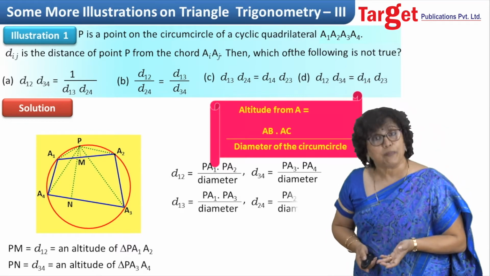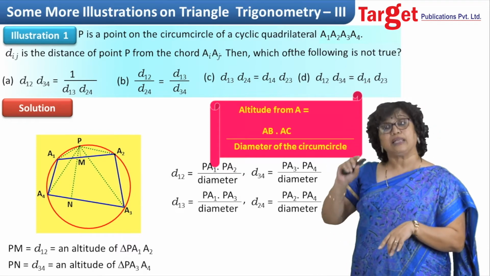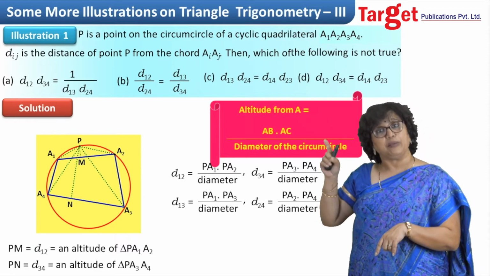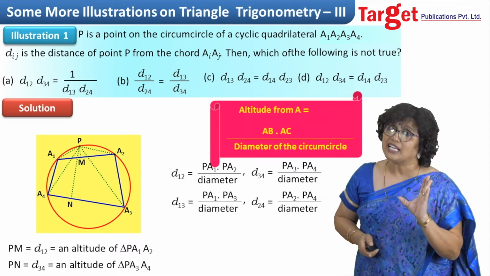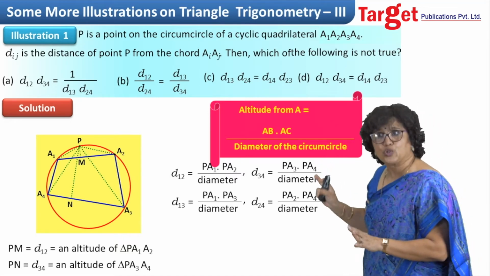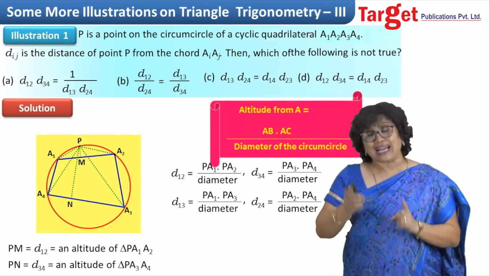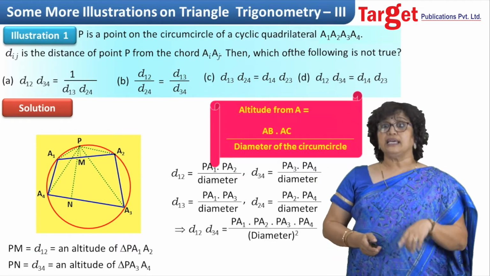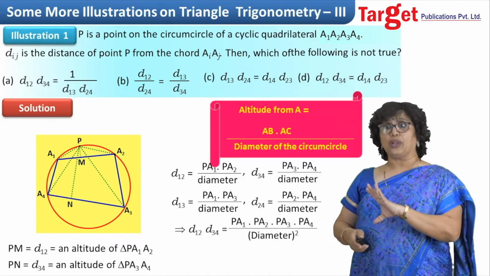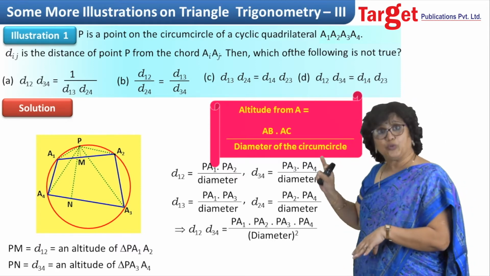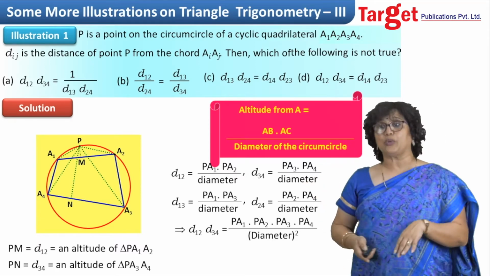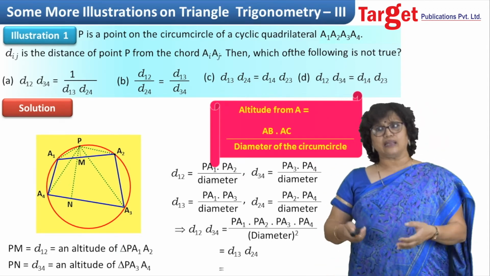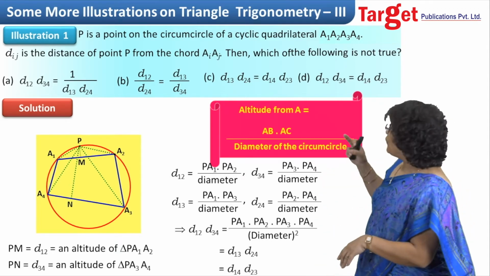Now, if I go for the product, I can understand that in the product finally, everywhere you will be getting PA1, PA2, PA3, PA4. Before that, I have written expressions for D13 and D24 also. If I go for their product, again there I will be getting PA1, PA2, PA3, PA4. So what I realize is that D12 into D34 is the product PA1, PA2, PA3, PA4 upon diameter square, and that can also be written as D13 into D24, and also as D14 into D23.